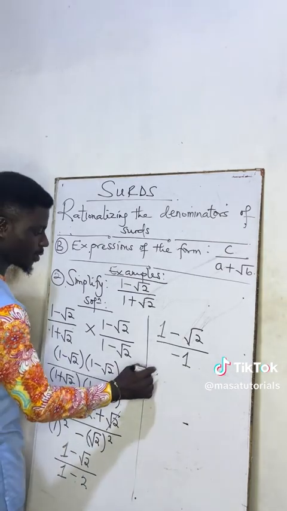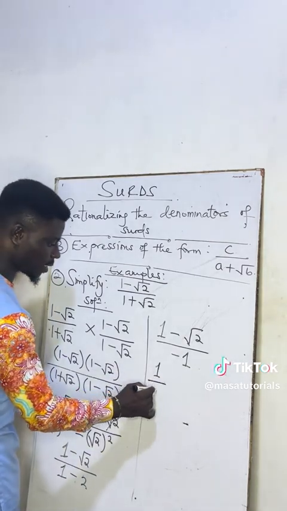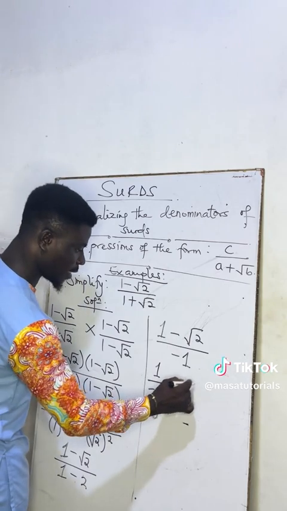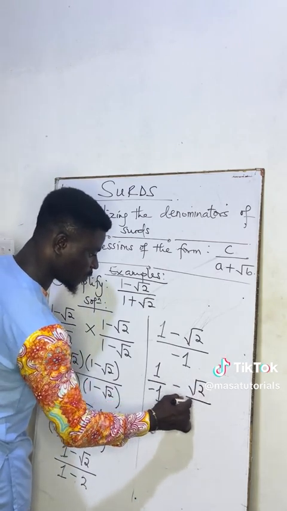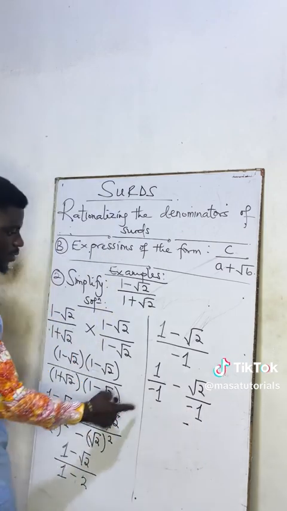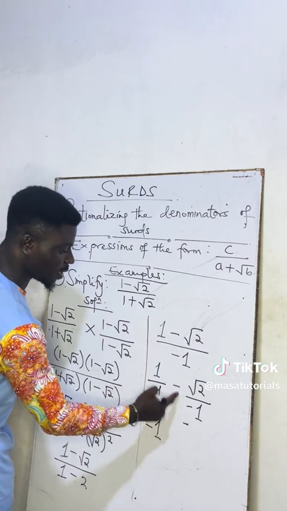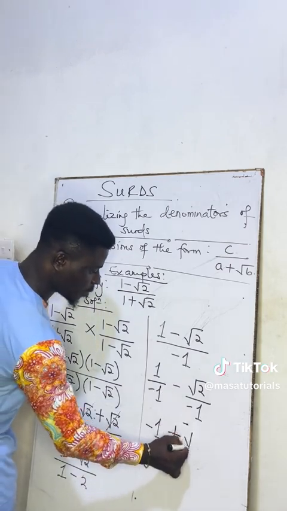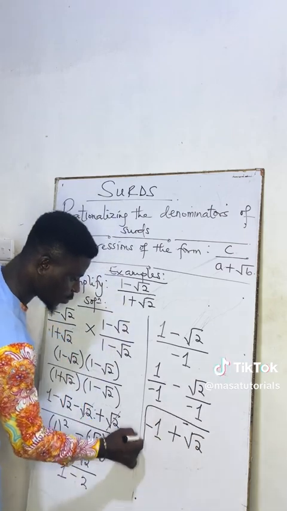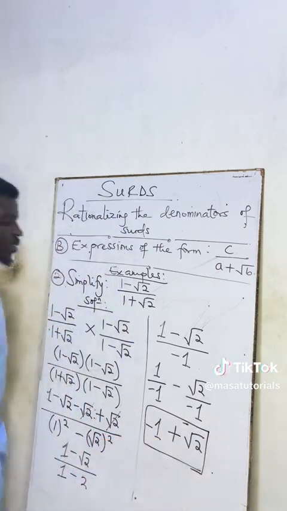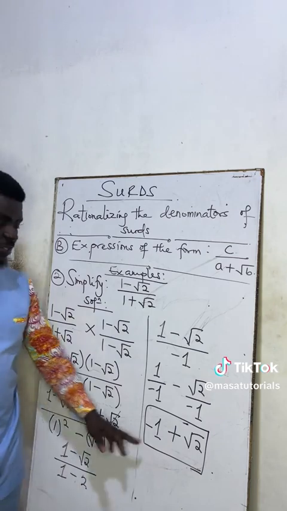We split: 1 over negative 1, then minus square root of 2 over negative 1. Here we have negative 1. Negative, negative, when they meet, we get positive square root of 2. So this will be the answer.